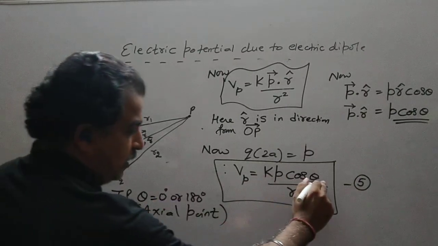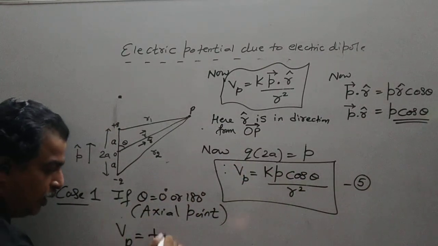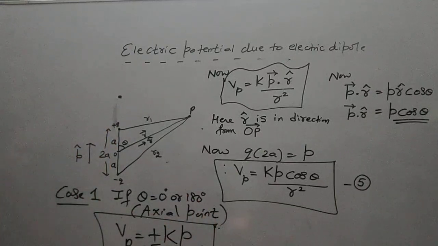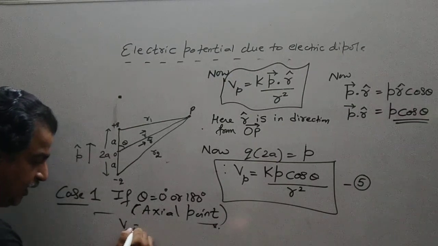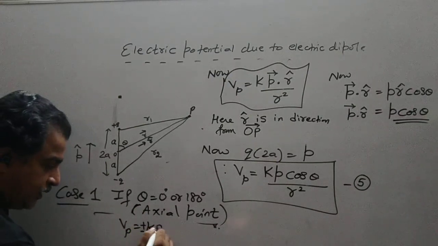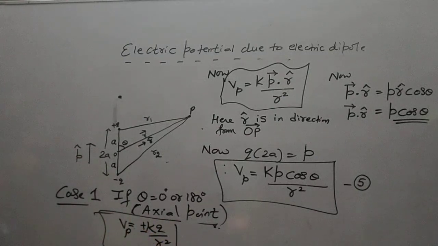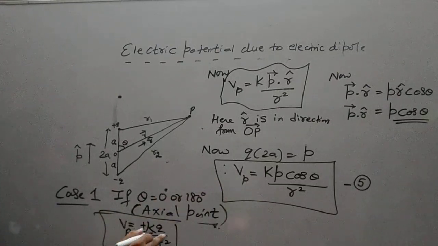Cos 0 is 1, cos 180 is minus 1. So Vp is equal to plus minus Kp upon r square. This is the equation for the electric dipole at an axial point. If theta is 0, it is plus. If theta is 180, it is minus. So the equation becomes plus minus Kp upon r square.